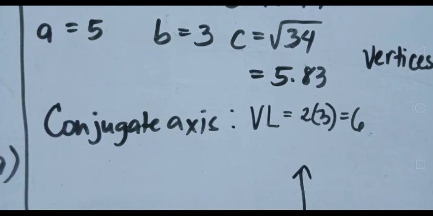So the vertical length of our conjugate axis is 6 units. We will count 3 units above our center and 3 units below our center, so that there will be 6 units in our conjugate axis.